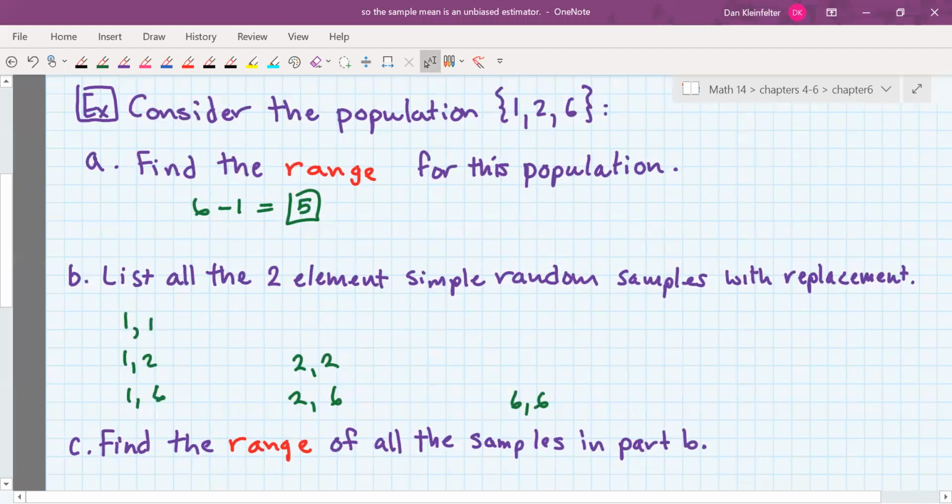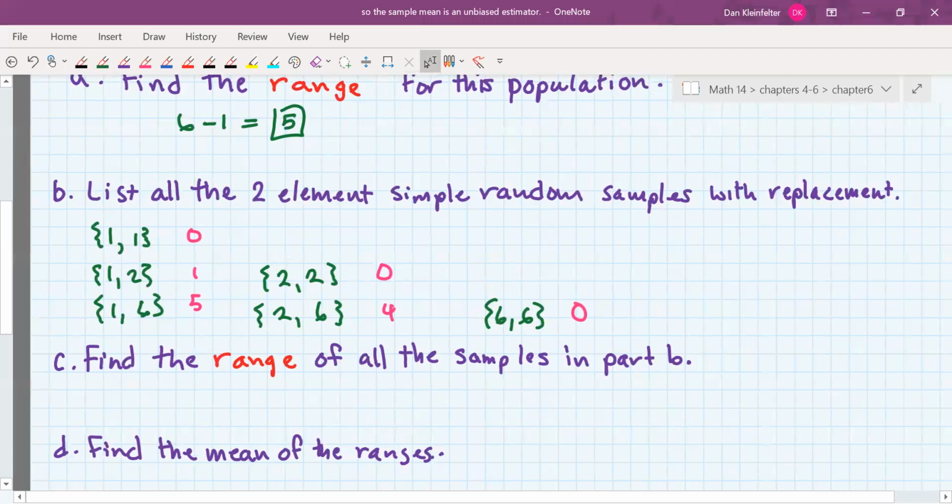Okay. Now we're going to find, well, again, we have all the 2-element samples. As before, we're going to find the range for all of them. So let's do that. So there's a range of 0, 1, and 5, 0, 4, and 0. Okay.